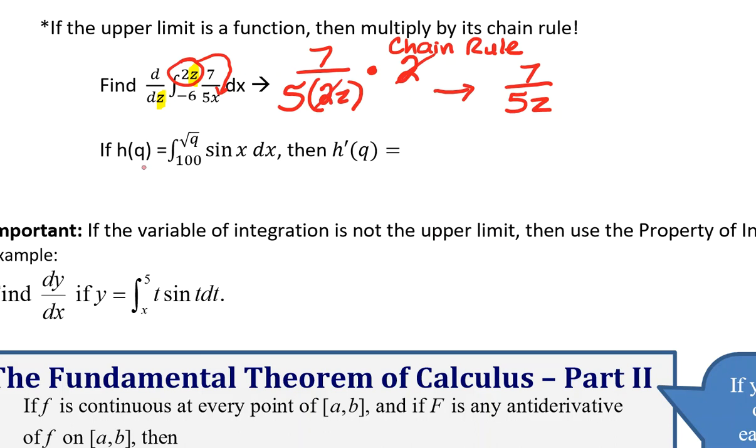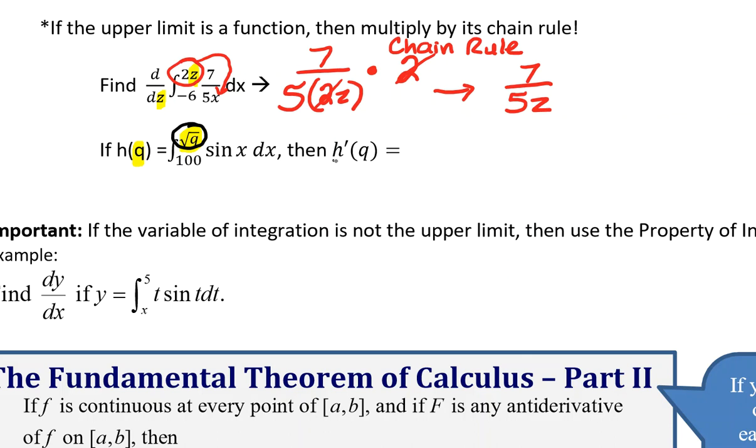All right, so here we have the same situation. Notice we check that our accumulator function, function h, is equal to the integral of the sine wave as we go from 100 to the square root of q. Notice these two variables have to match. And again, our lower limit has to be a constant. And then we're going to differentiate.